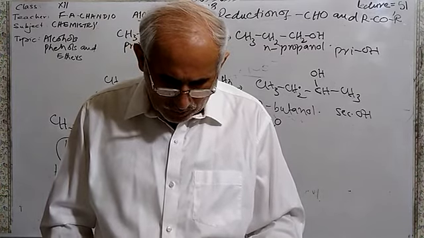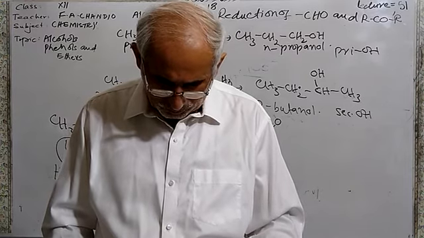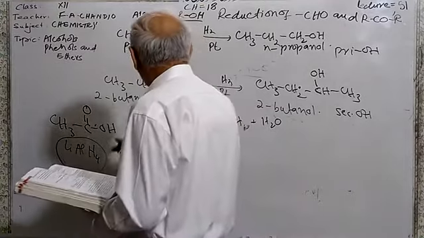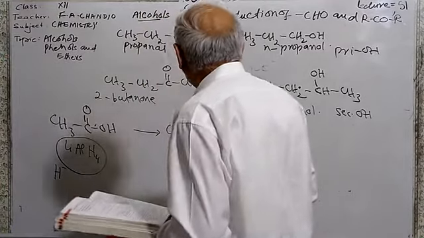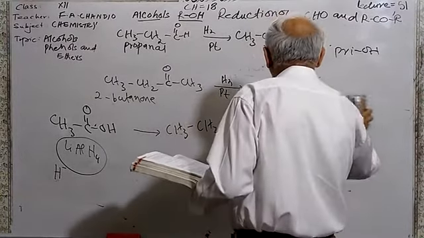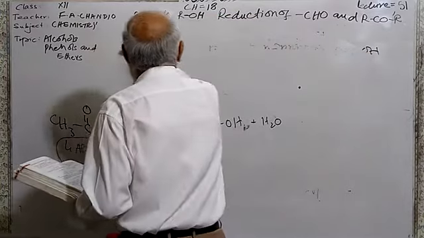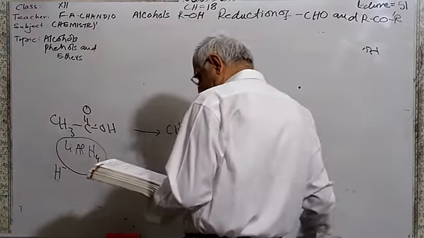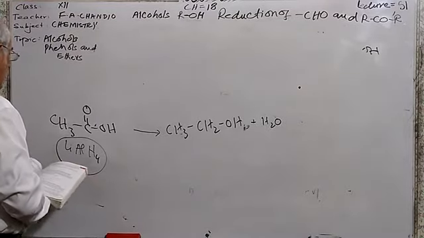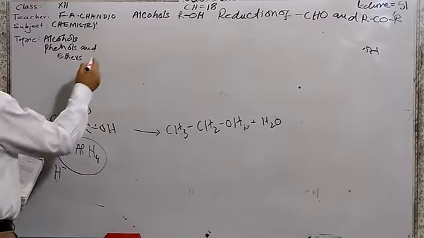Now the reduction of carboxylic acids and esters is the same. This is the same reaction which is given here, already written here using the carboxylic acid. Carboxylic acid is going to be reduced by using lithium aluminum hydride, as I have already mentioned. The second one is the ester.